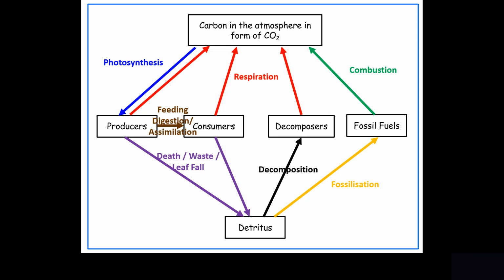So for example here, a consumer eating a producer is going to take in the large insoluble molecule of starch. And of course, starch, being large, can't pass across plasma membranes very easily. So it needs to be digested. So within a digestive system, we have 2 enzymes.